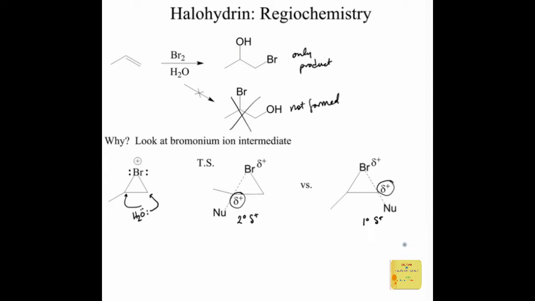So just like we know for carbocation stability, we're going to extend that same logic to our partial positives here, and we'll acknowledge that the secondary partial positive is better, it's more stable, and therefore it's a lower energy transition state.